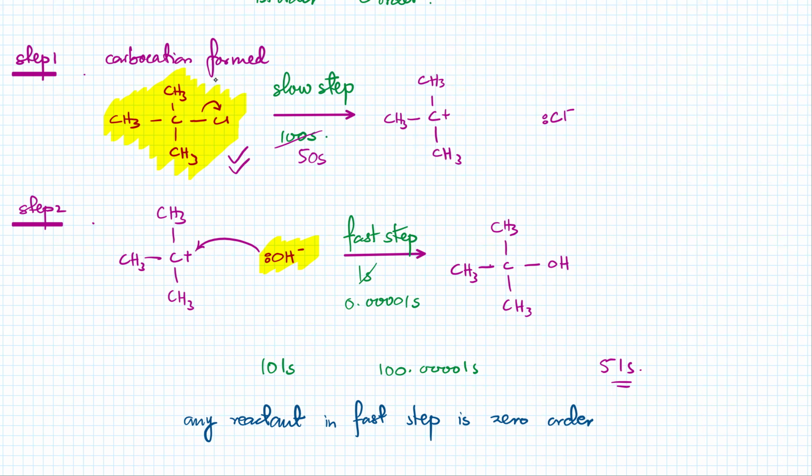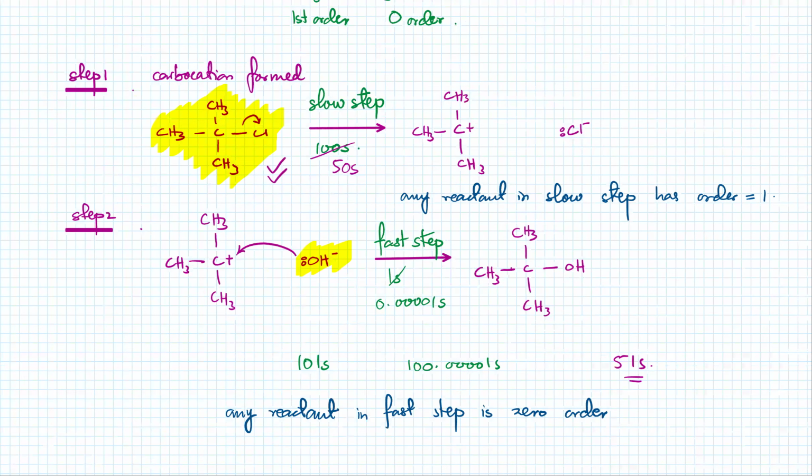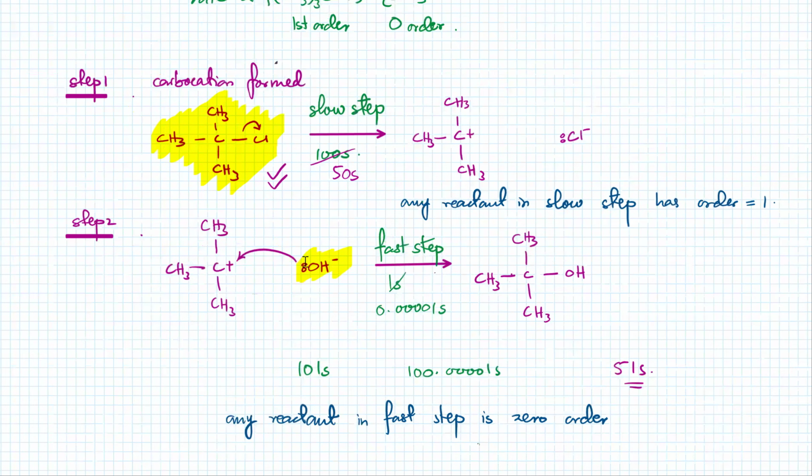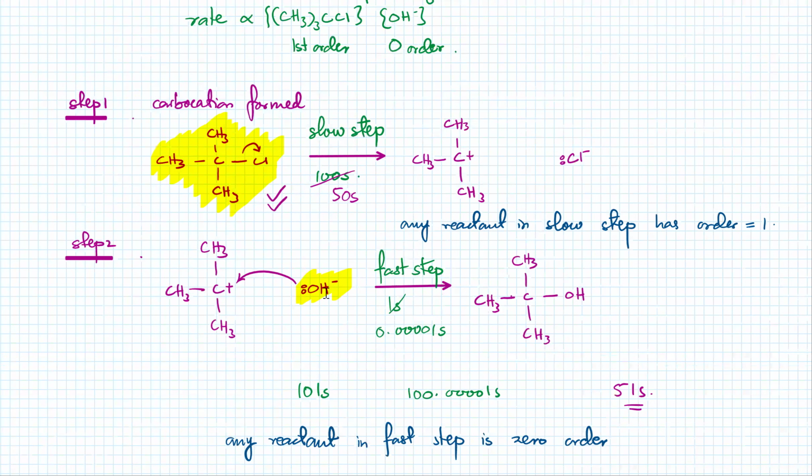Is this clear? Yes, sir. So any reactant in the slow step has order equals 1. Okay, that's the first thing. And any reactant involved in the fast step is going to have zero order.